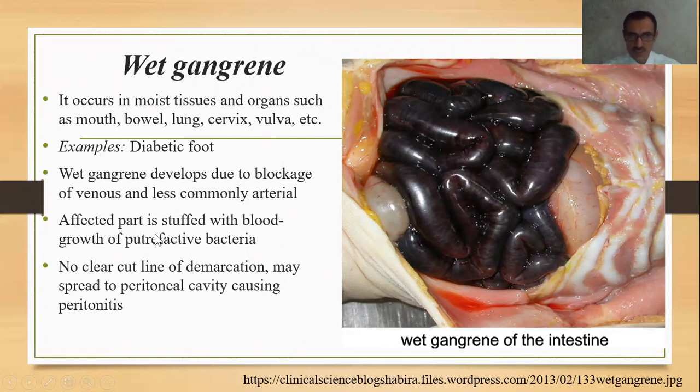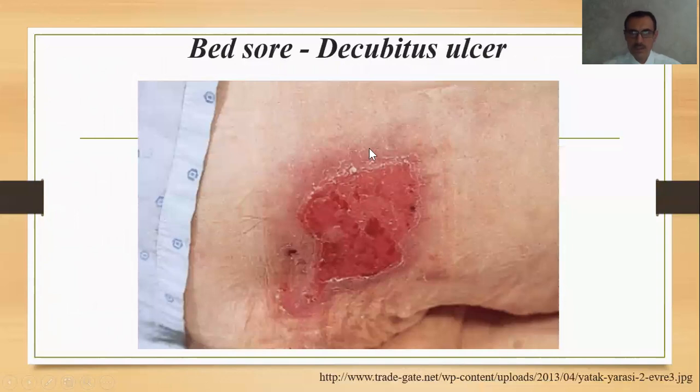The affected part is stuffed with blood, with growth of putrefactive bacteria. No clear-cut line of demarcation, and it may spread to the peritoneal cavity, causing peritonitis. Here you see the wet gangrene of the intestine. And the third type of gangrene is the bed sores, the decubitus ulcer.